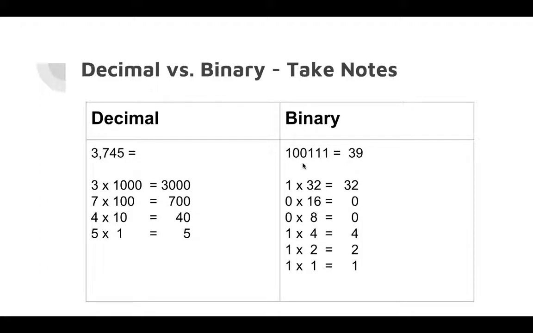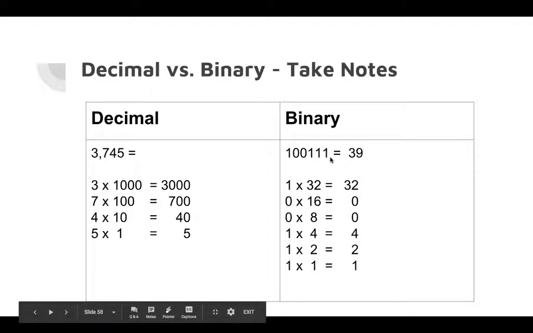We do the same exact thing in a binary system. So instead of 1, 10, 100, 1,000, it's going to be 1, 2, 4, 8, 16, 32. Wherever there's a 1, that place value has a value, and where there's zeros, there isn't any.